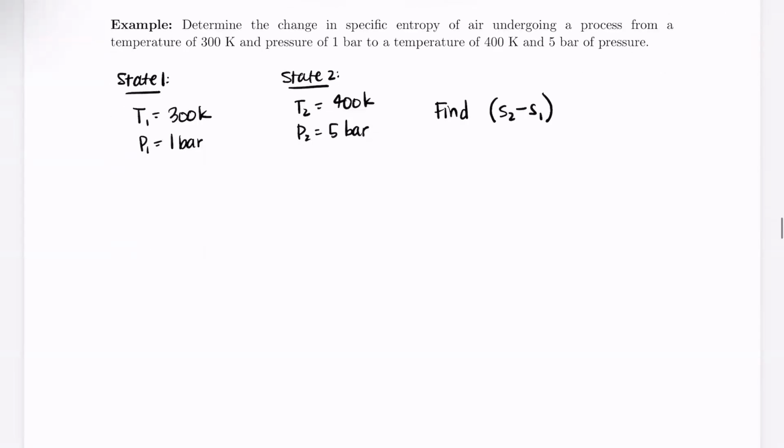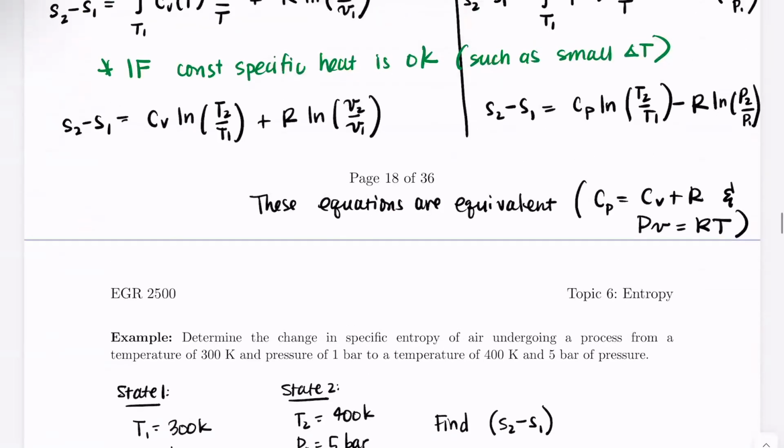So which equation do you suggest that we use? Does anybody have any feeling on which one we should use? The one on the right, right? We're given pressure and temperature, so we should use the one on the right.